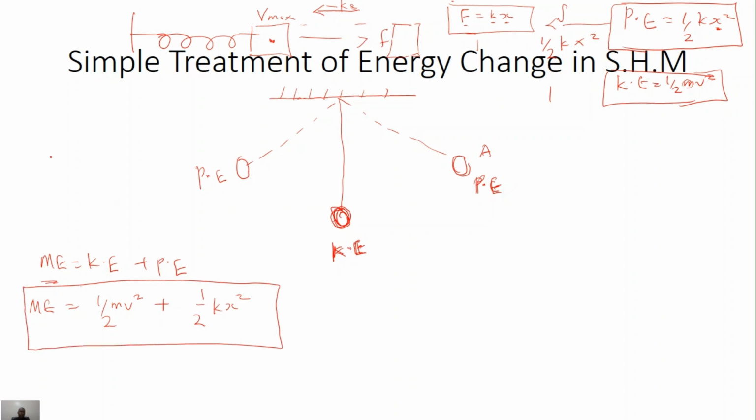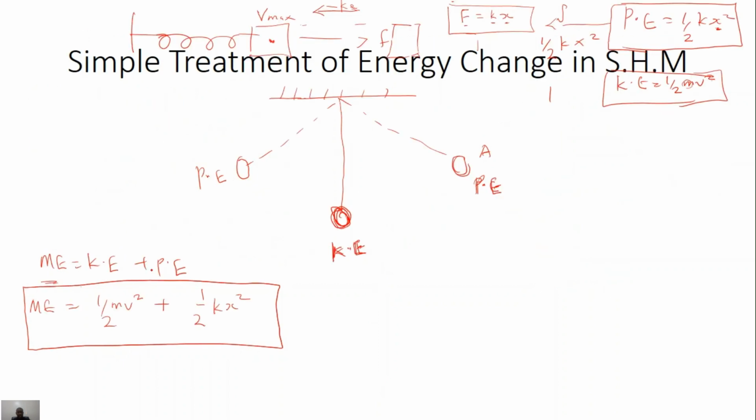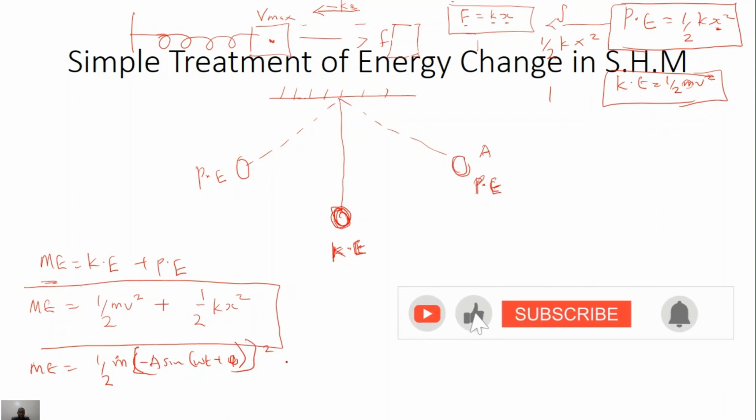Okay, and we know from the previous slide that the linear velocity is minus aω sine of (ωt plus ψ). So when we substitute it in this equation, we are going to get ME will be equal to 1 over 2 m brackets minus aω sine (ωt plus ψ), everything squared, plus 1 over 2 k.